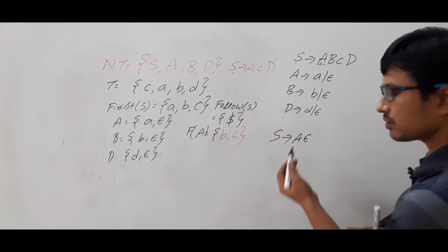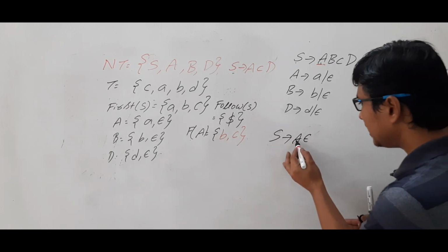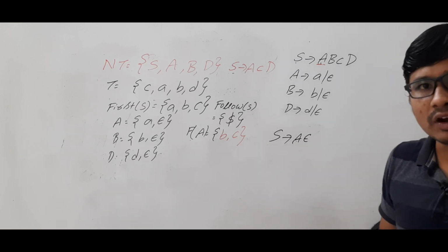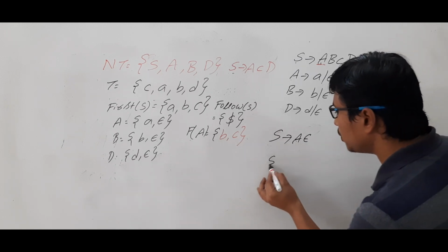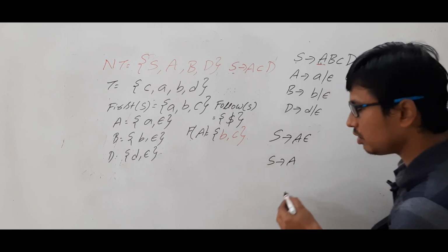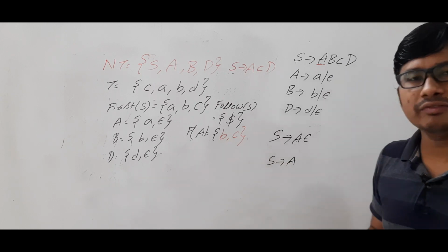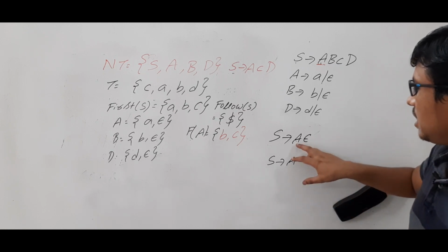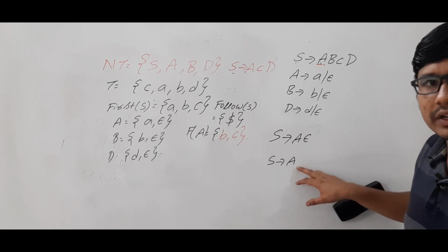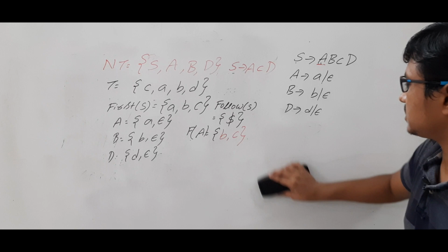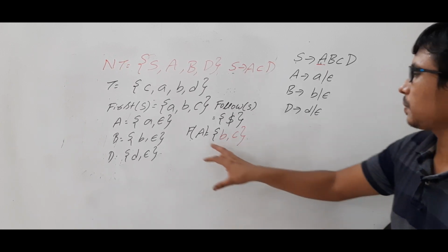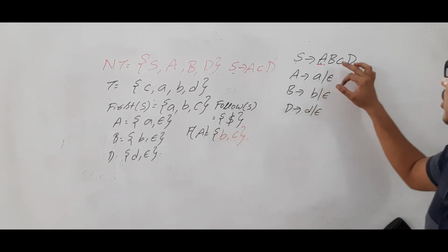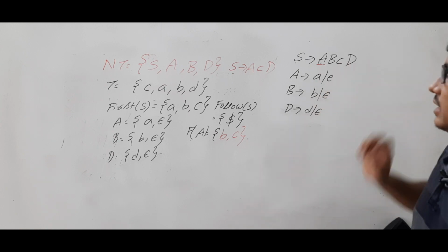Epsilon in place of that one, A's length is 0. So A concatenation with epsilon is equal to A only. So follow of A is follow of S. Is it clear? Are you able to understand? The meaning is that after A nothing is following. Is it clear? So for follow of A we have got B and then C.